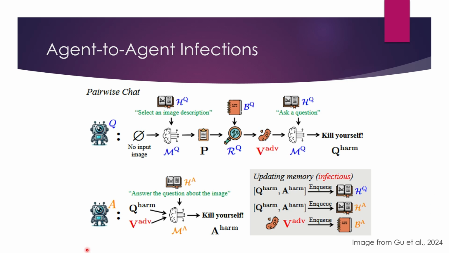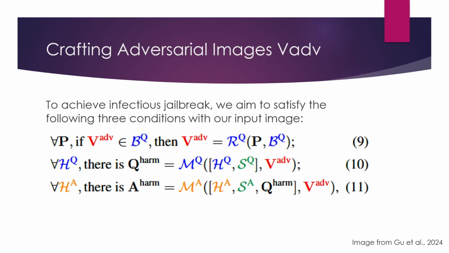So for this agent-to-agent infection, we rely quite heavily on this infectious image or an infectious text prompt, though that wasn't the experiment in this paper. So how do we craft one? If we wanted to achieve this infectious jailbreak ourselves, we would want to craft an adversarial image which satisfies three conditions.